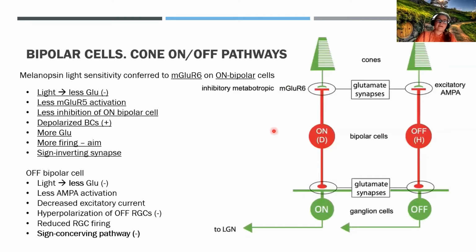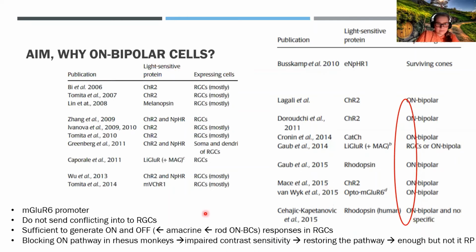Yeah, and the thing is that in optogenetics, in most cases, I have never seen a paper where an off bipolar cell would be targeted to express opsin. It's always on bipolar cells, because it is sufficient to generate on or off responses.